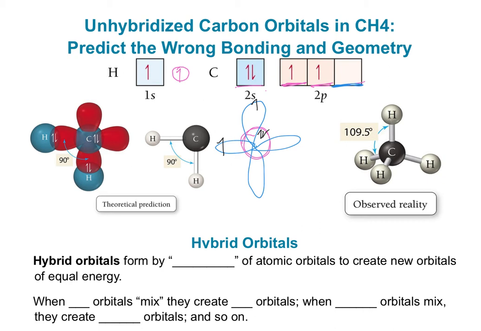Now hydrogen comes along, and each hydrogen has a 1s. So it looks like we should only be able to bond a hydrogen to this one, that p orbital, and a hydrogen here, giving us our covalent, our shared electrons. So it looks like what we should get is carbon only forming CH2 with a 90-degree angle.